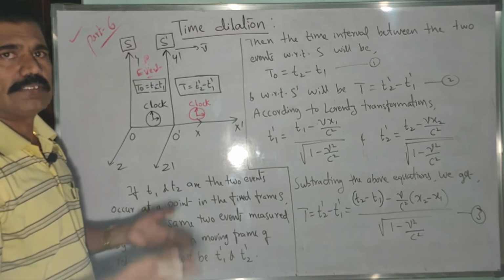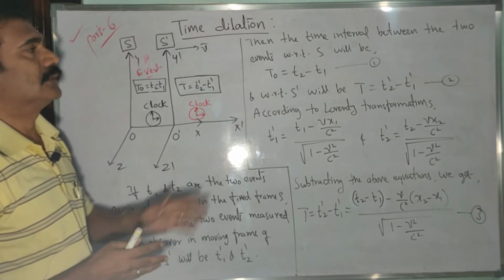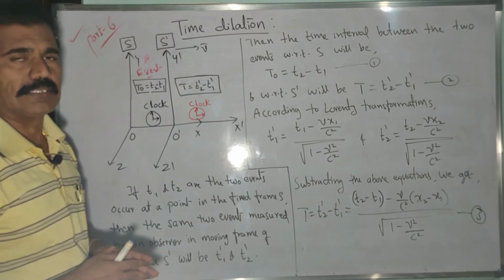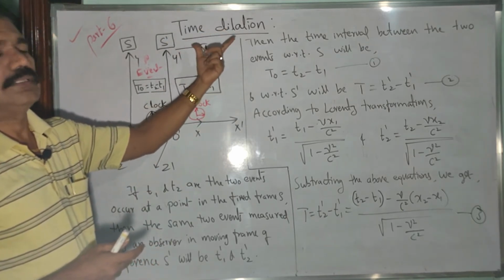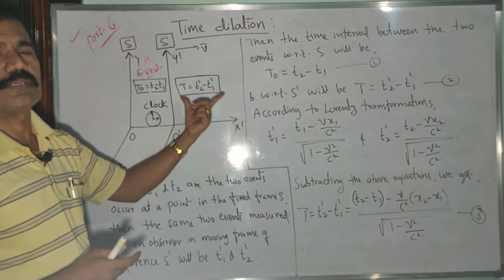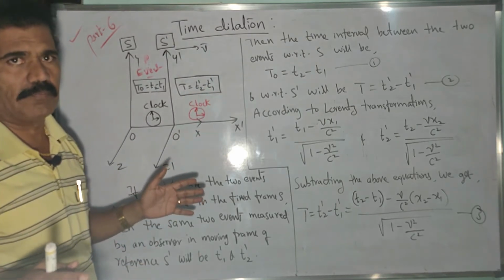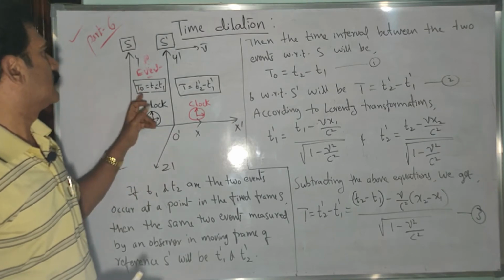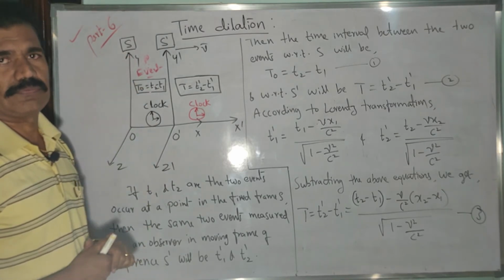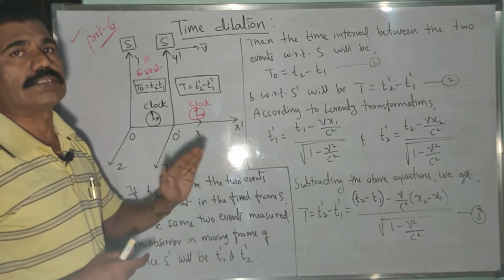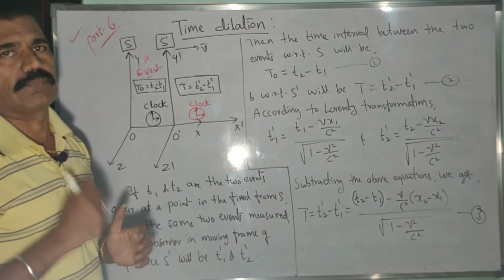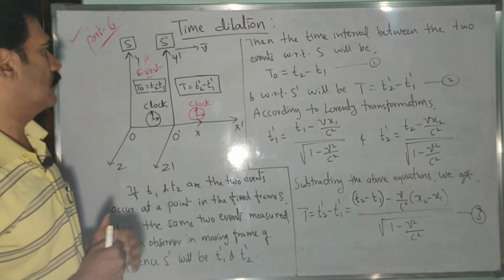If there is a difference, then we call it time dilation. In time dilation, we expect that the moving frame of reference measures a longer time compared to the time difference measured by the fixed frame of reference. That is what you have to prove here using the Lorentz transformations derived in the theory of relativity. Clear? Okay, now let us proceed.